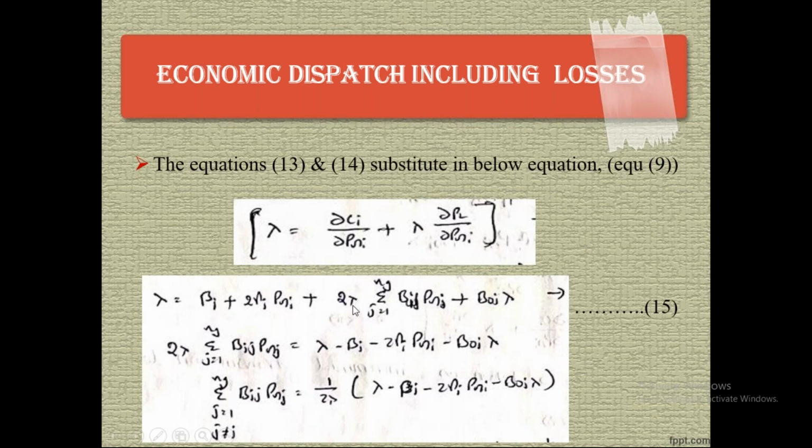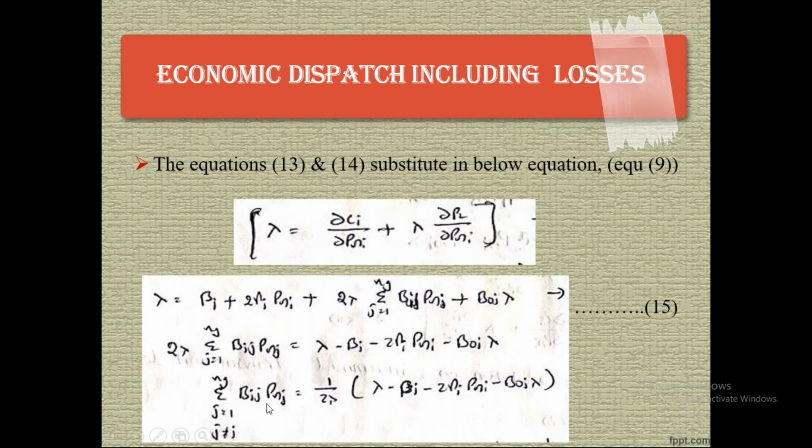If you observe this equation, I am bringing lambda and PGi. From this equation I want to find PGi. For this purpose, I'm separating the summation term from the remaining terms. From this I got this.